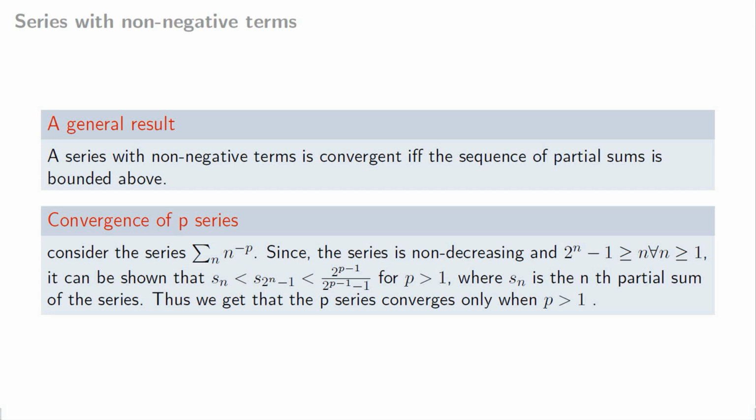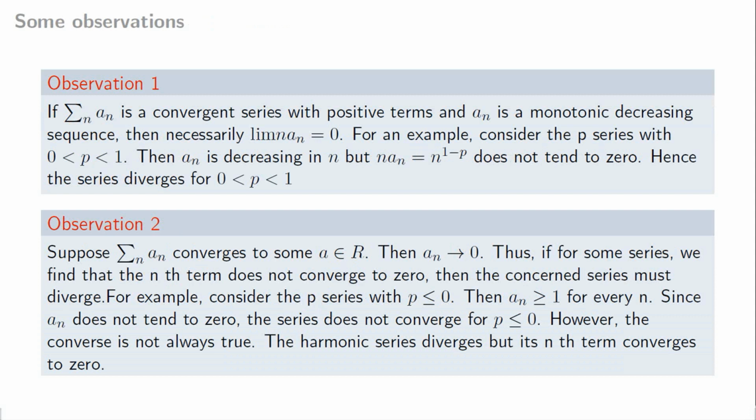Now, let us give some possible observations. First one is, if summation an is a convergent series with positive terms and an is a monotonic decreasing sequence, then necessarily limit of n multiplied by an equals 0. For example, consider the P series with 0 less than p less than 1.